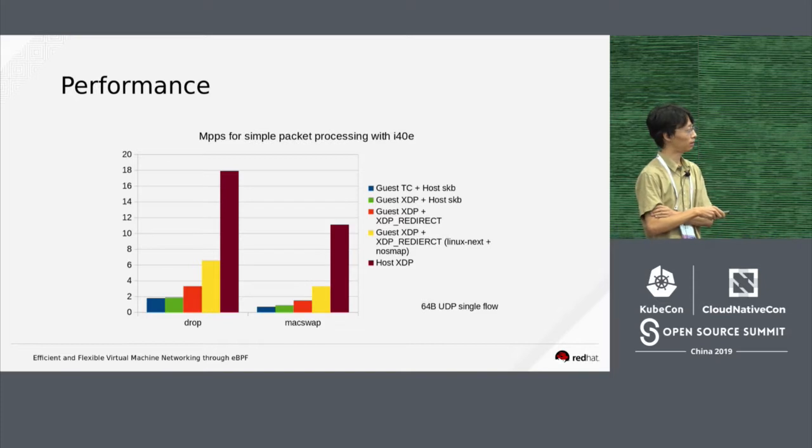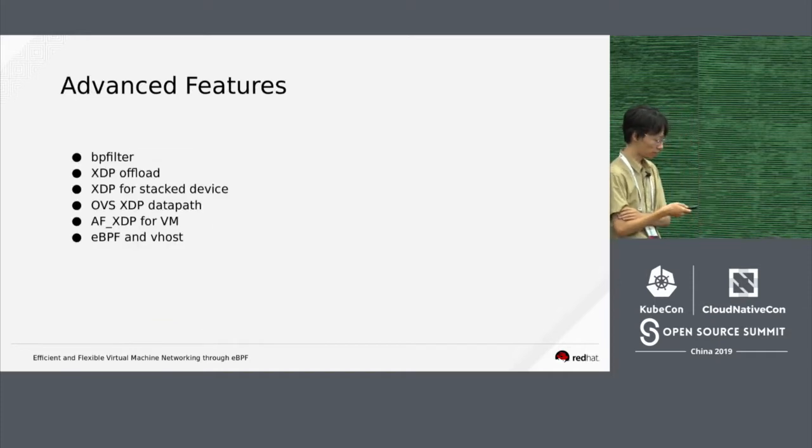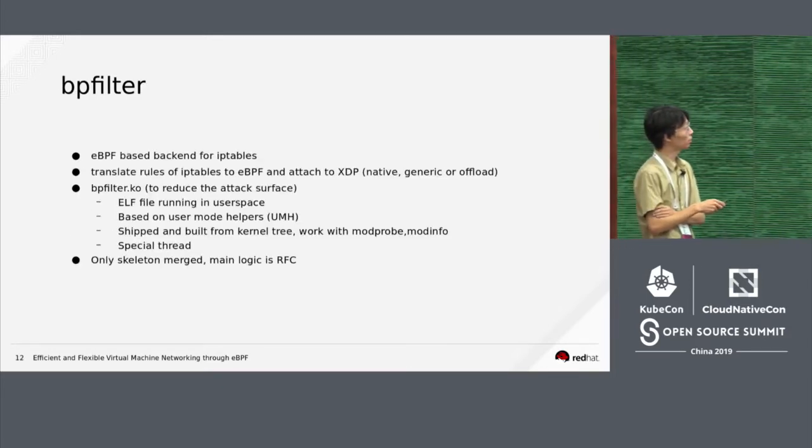And the fourth is that we're using XDP plus XDP redirect, and we shut down the SMAP, and we're using Linux Next and NOSMAP, and we are now reaching 6.5 Mpps, and on max swap we reach 3.5. So we can do a lot of things in this regard, and we are still considering high-level features.